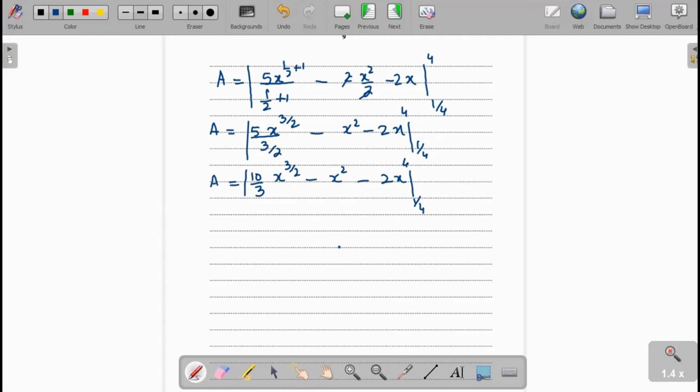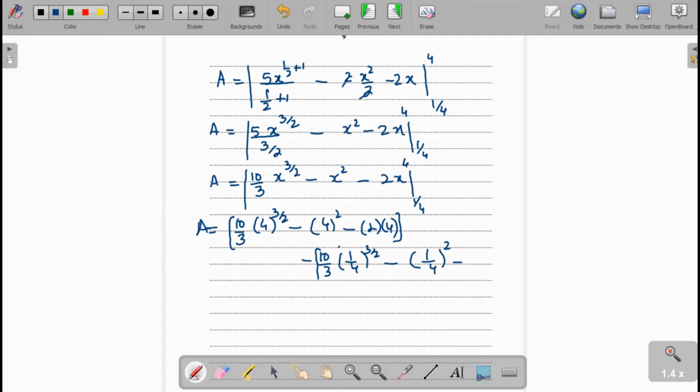Firstly we put 4 in this expression: 10 over 3 times 4^(3/2) minus 4 squared minus 2 times 4, minus the value at x equals 1 over 4: 10 over 3 times (1/4)^(3/2) minus (1/4) squared minus 2 times 1/4.